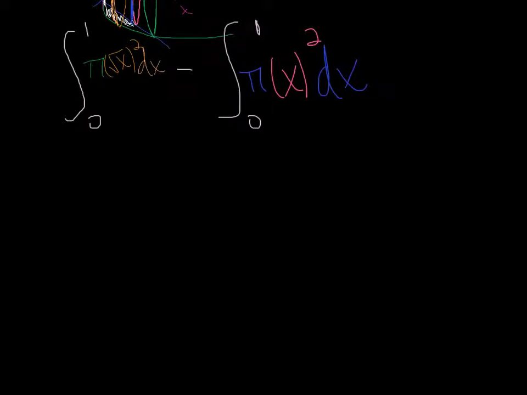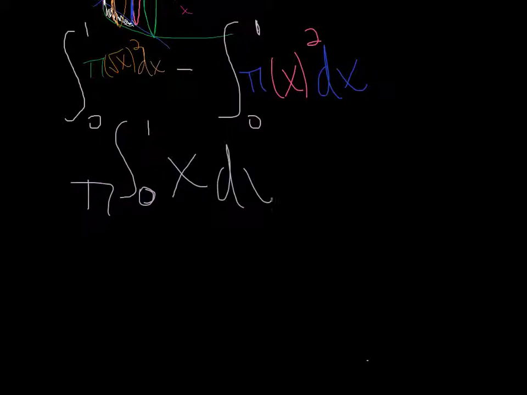So an easier way than two separate integrals, same thing though, is 0 to 1, and then we bring pi out to combine the two. So we have the square root of x squared, which is really x, because the square root squared is just regular x, and dx, subtract, because we already took the pi out, the x squared dx.